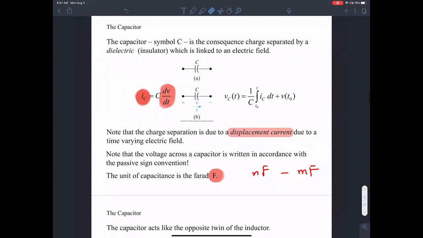We still follow and apply the passive sign convention: when the current is aligned with the voltage drop, then the current is positive. If the current is opposite to the voltage drop, then such current is negative. This passive sign convention still applies in the case of a capacitance. So capacitance is nothing but separation of charges.